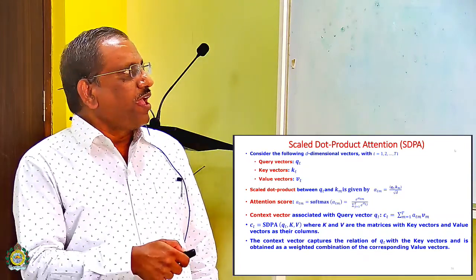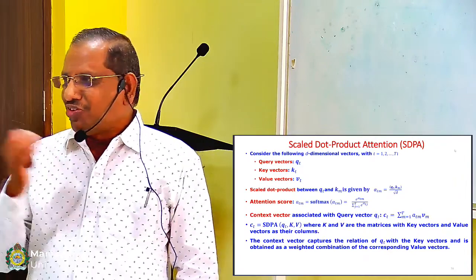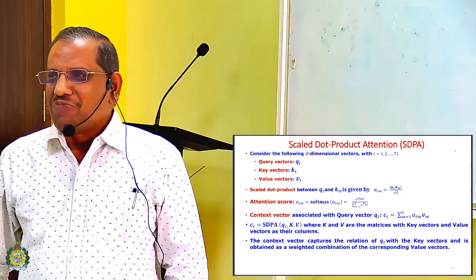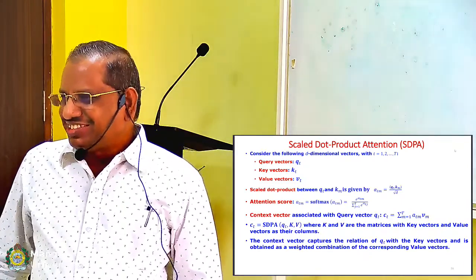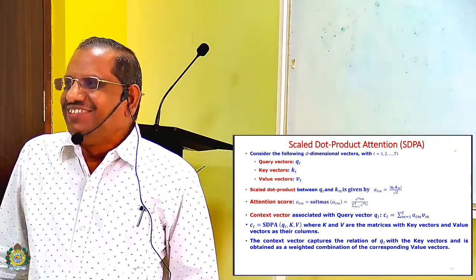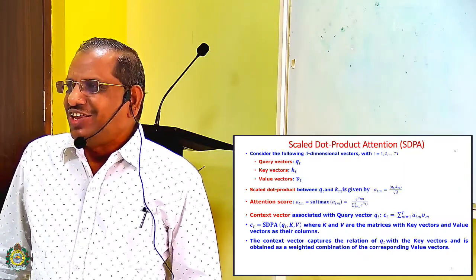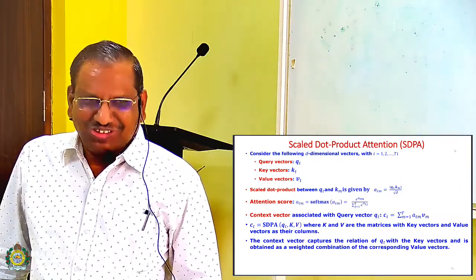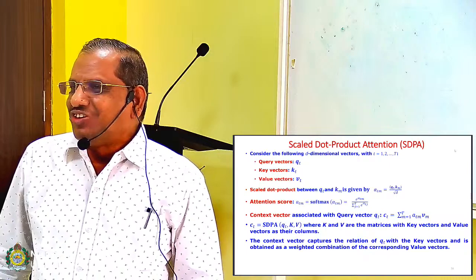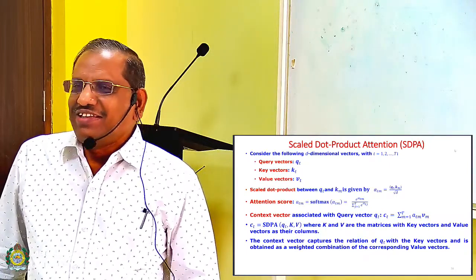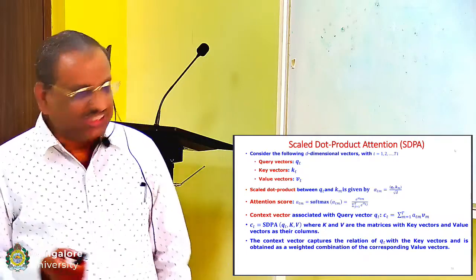As all of you were talking about the cosine similarity in the morning, how do you compare the cosine similarity between two vectors? Yes, you compare the dot product between two vectors divided by the product of the norms of the two vectors. So basically, the dot product is a measure of similarity, and here we use dot product based similarity.